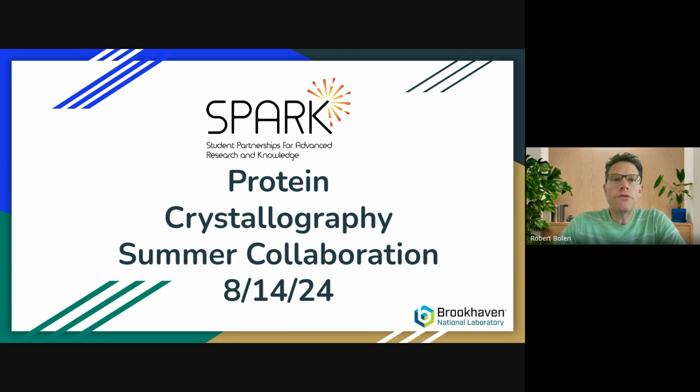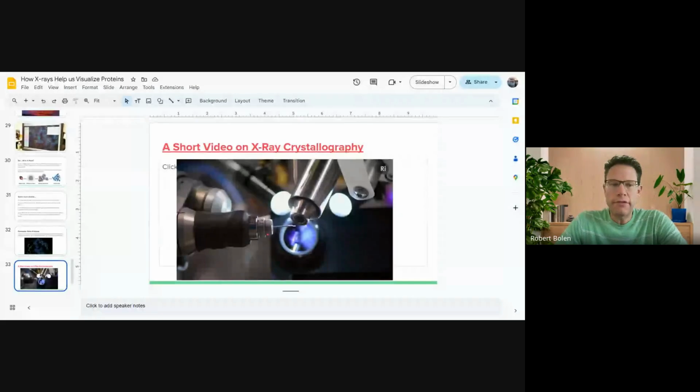I'm going to switch my tab over. Today we're going to continue discussing the relationship between X-rays, freezing, and proteins, and that's a big thing. The X-rays play a major role in how we are actually able to see what's going on with our proteins, and in order to use those X-rays, we have to do what Mr. Pinto talked about yesterday, which is freezing the proteins.